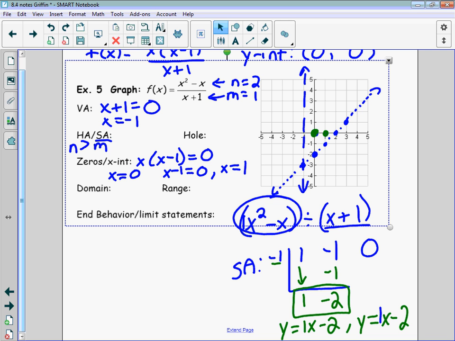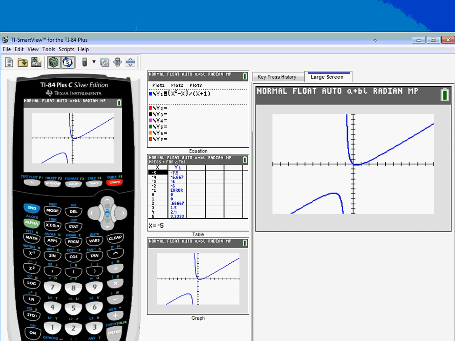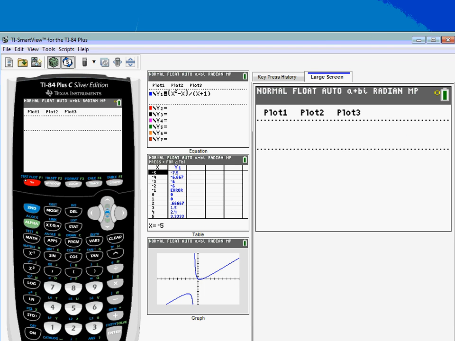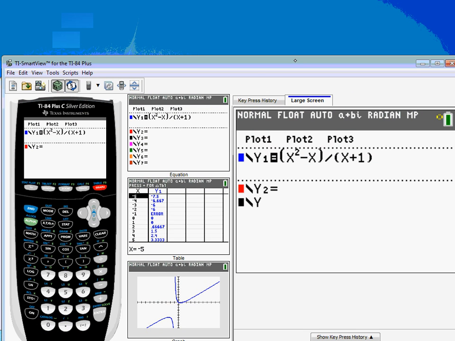That creates the structure that we have on our graph, and again, we can look at our picture and see if it matches. If we go to y equals, I would put that original function in there, numerator and denominator each in their own set of parentheses, and if we look at the graph, it looks pretty similar. The calculator's not working, but it did look similar.